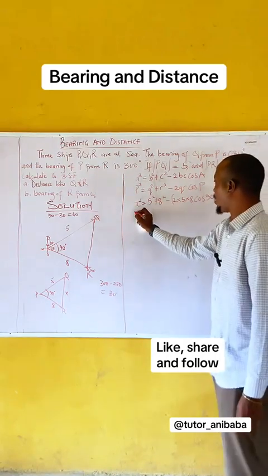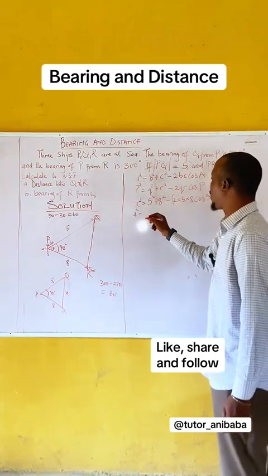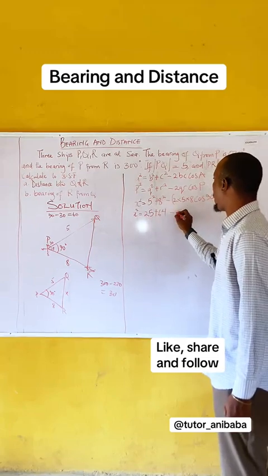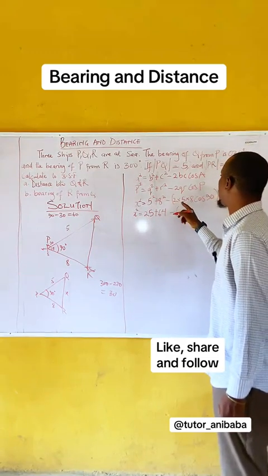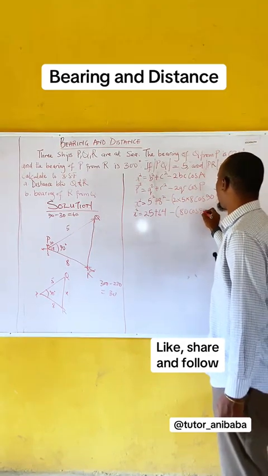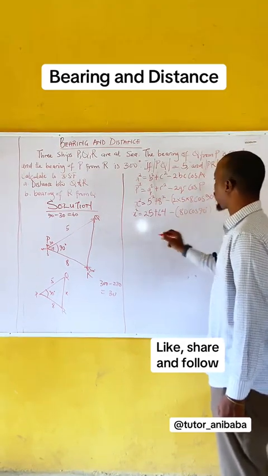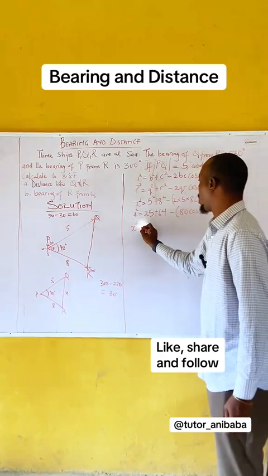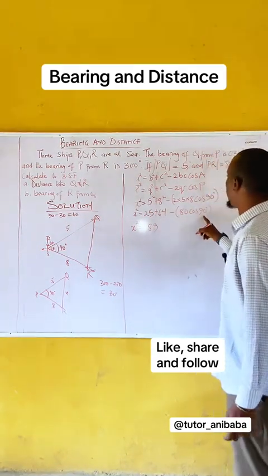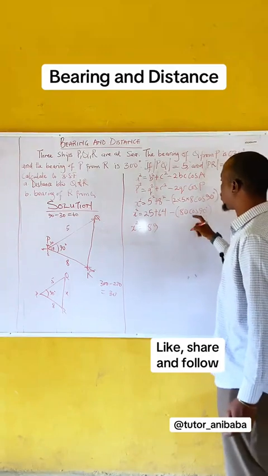So we have X squared equals 5 squared is 25, plus 8 squared is 64, minus 2 times 5 times 8 gives us 80 cos 90. So X squared equals 25 plus 64, which gives us 89. Remember cos 90 is 0, so everything there becomes 0.